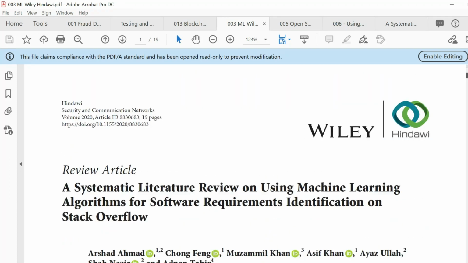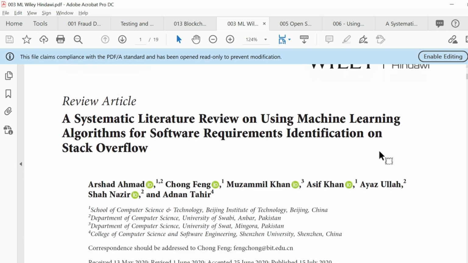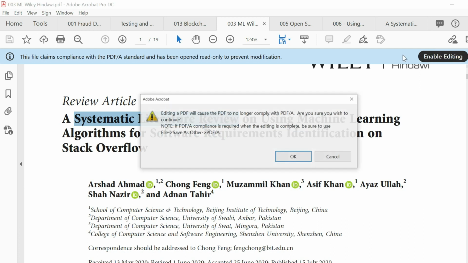And this paper is published in Security and Communication Networks. A systematic literature review. You can see in the title itself, there is mention of a systematic review.